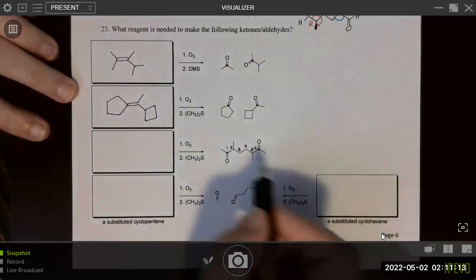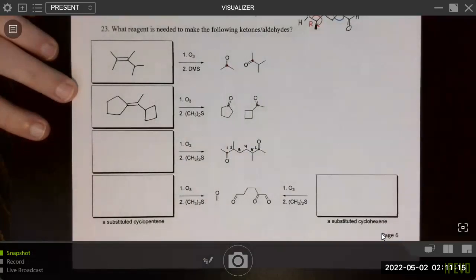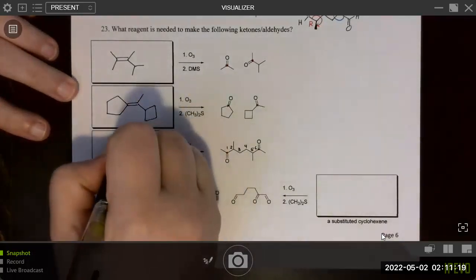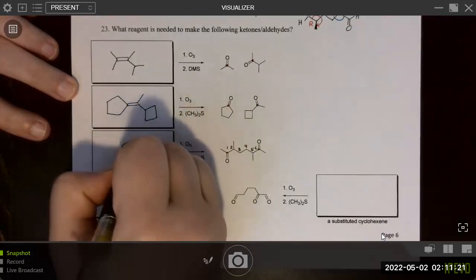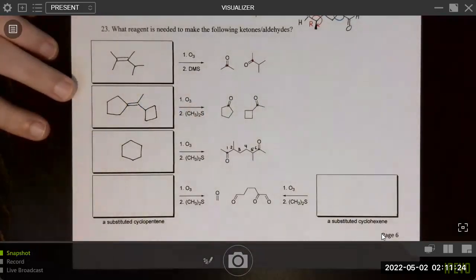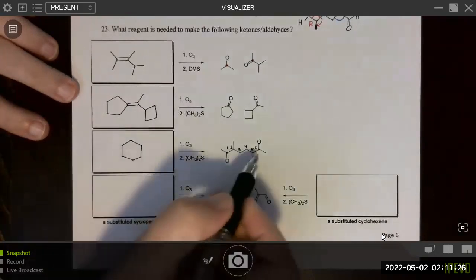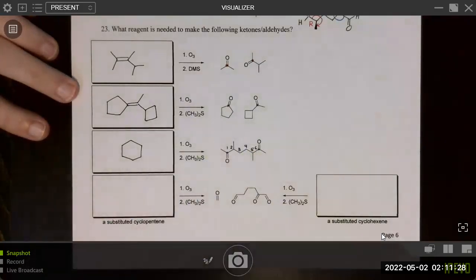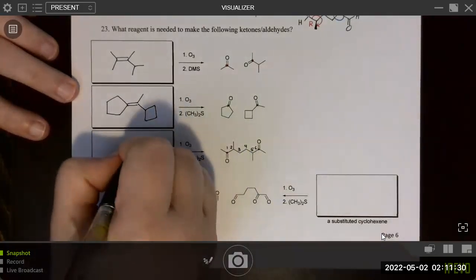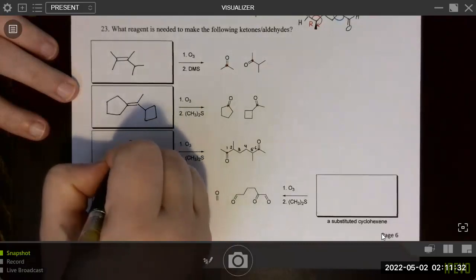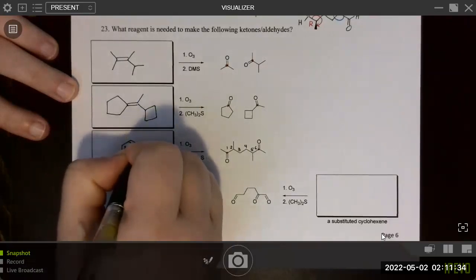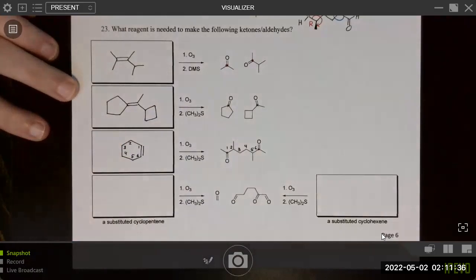This tells me how big a ring I need. So I need to make a 6-membered ring, and there's going to be a double bond between 1 and 6. So if I make this 1 and 6, this is where my double bond is.